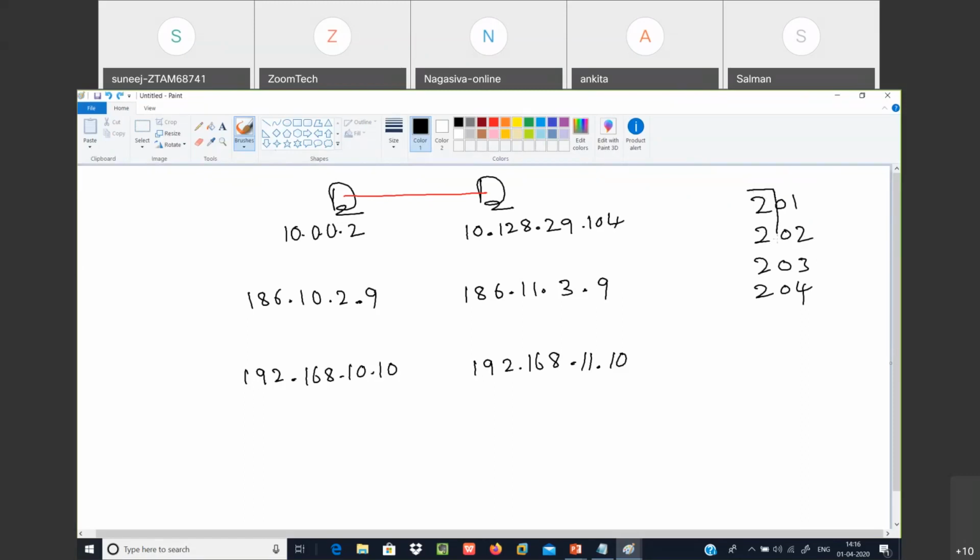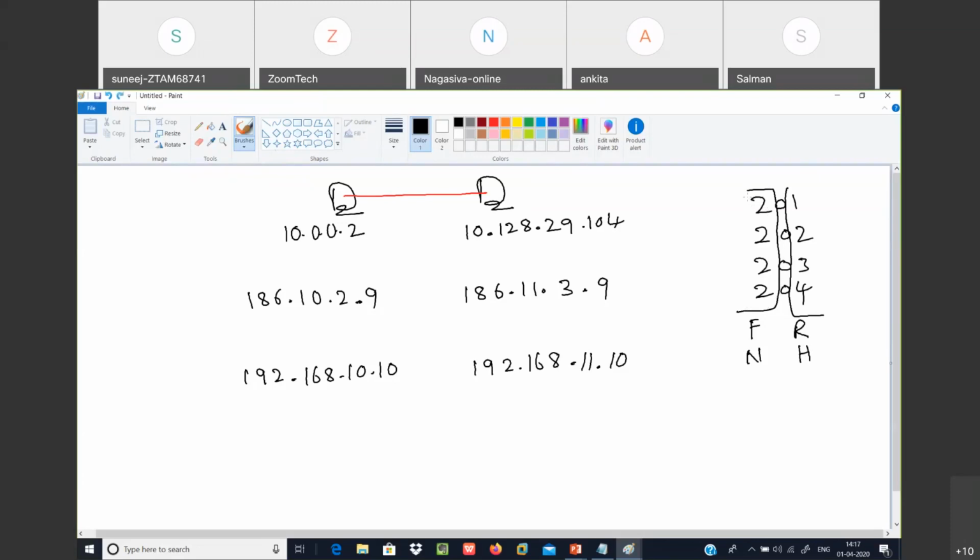So 2 indicates the floor, and the last digits indicate room numbers. Similarly, floors are nothing but your network portion, rooms are nothing but your host portion. To enable communication, all devices should be on the same floor, I mean the same network portion.